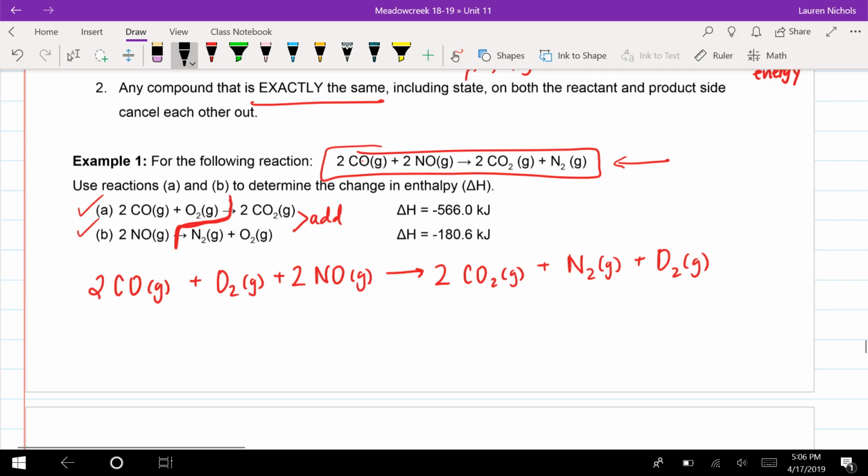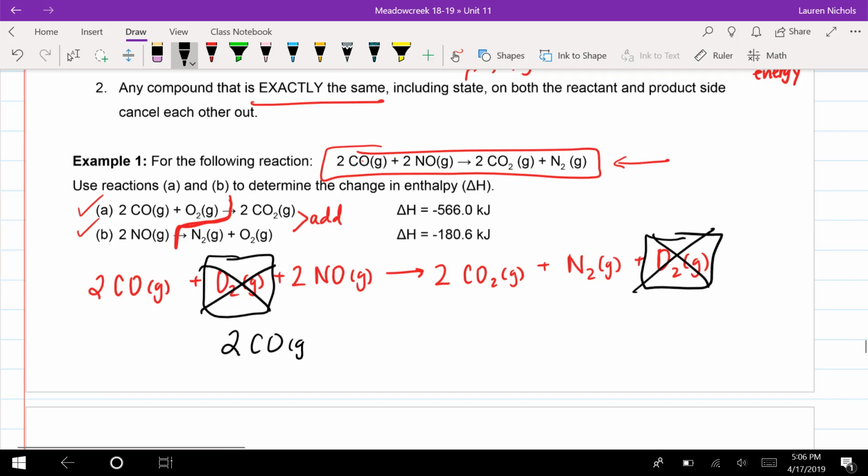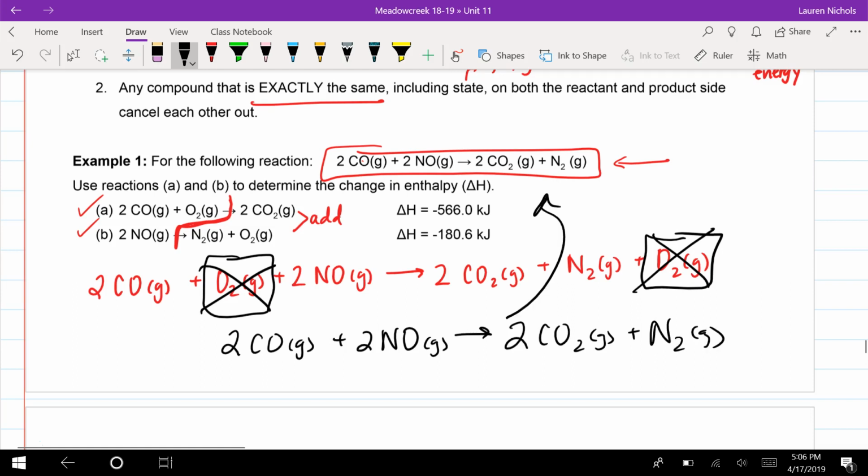You'll see that oxygen is exactly the same on both sides, so it cancels out. What you have left over is 2 carbon monoxide gases plus 2 nitrogen monoxide gases produces 2 CO2 gases plus 1 N2 gas, which perfectly matches what we wanted, which is great.